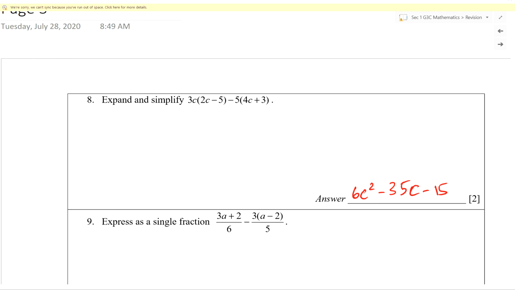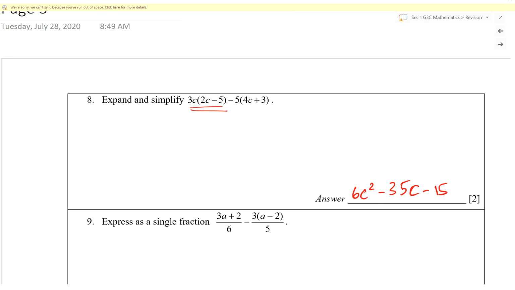Okay, now question 8, expand and simplify. Are you okay with this question? Do you get it correct? No. Okay, so let's go through this. Can you help us? How should we expand the first 3c and 2c minus 5?